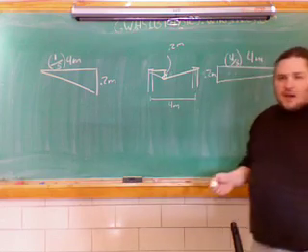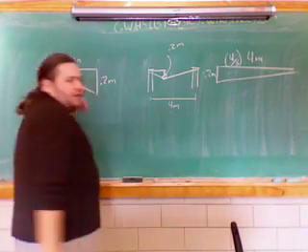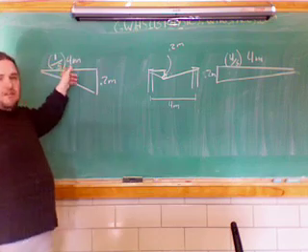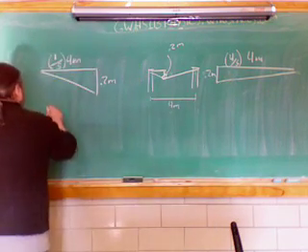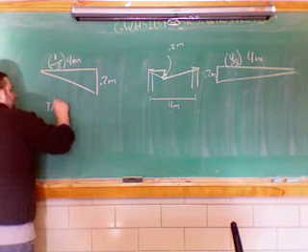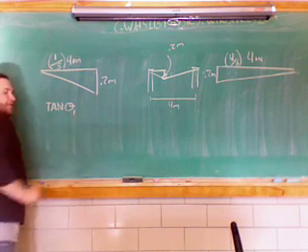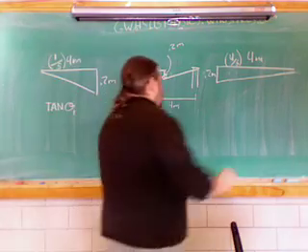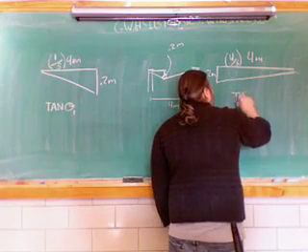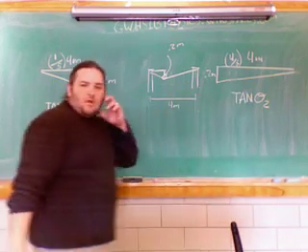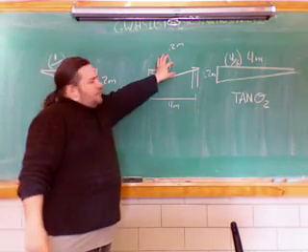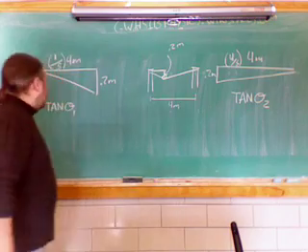Okay? With that information, I have the opposite and I have the adjacent. So I'm looking at a tangent. Tan theta 1 and tan theta 2. There's no way that these two angles are going to equal each other. The only situation where those two are going to equal each other is if this object lands directly in the middle. Okay.